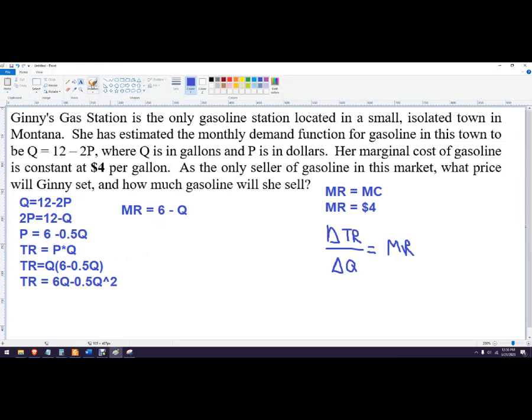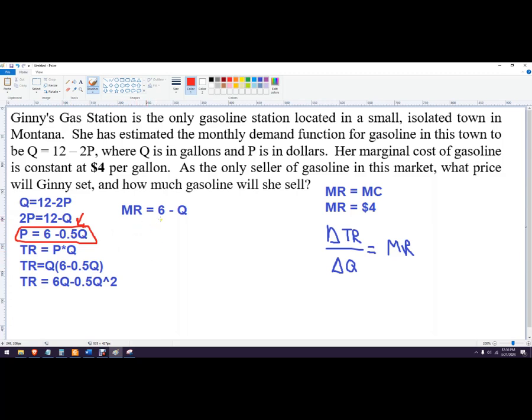I did the calculus here, but if you're dealing with a linear demand function, you can actually just take a look at it here and multiply that coefficient by 2, and that'll give you your marginal revenue function. So you could have done that without any calculus at all, but whatever, I did it anyway.